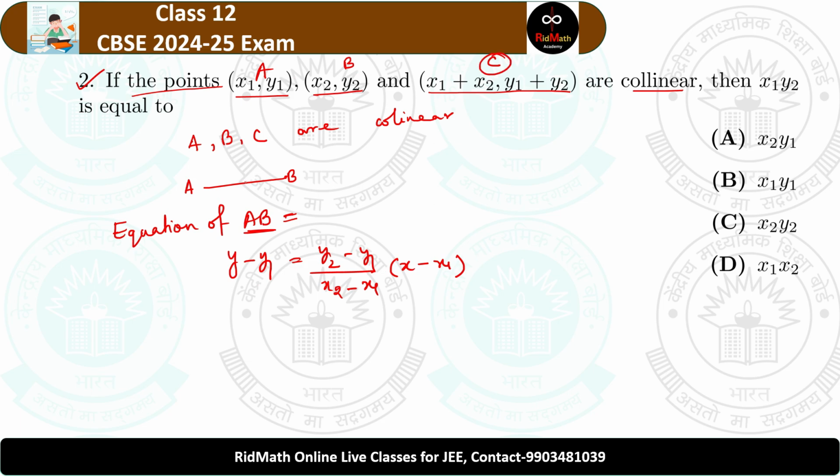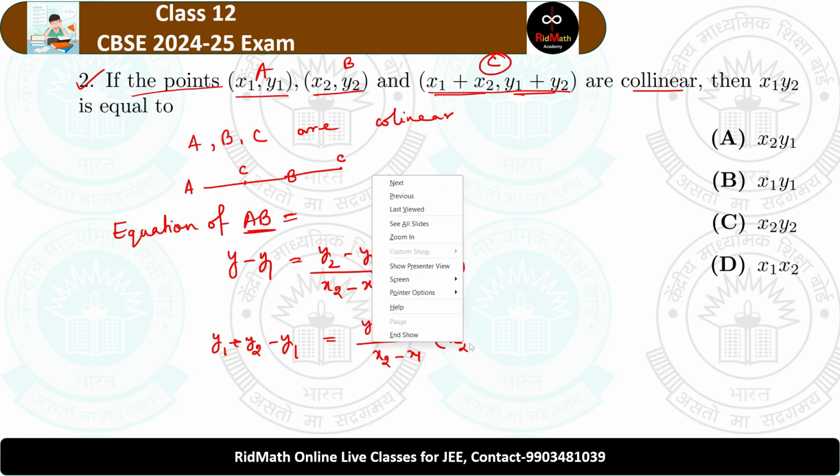So here maybe C is there. Now put this x and this y. So in place of y, this is y1 plus (y2 minus y1) divided by (x2 minus x1), and here x2 plus x1 minus x1.